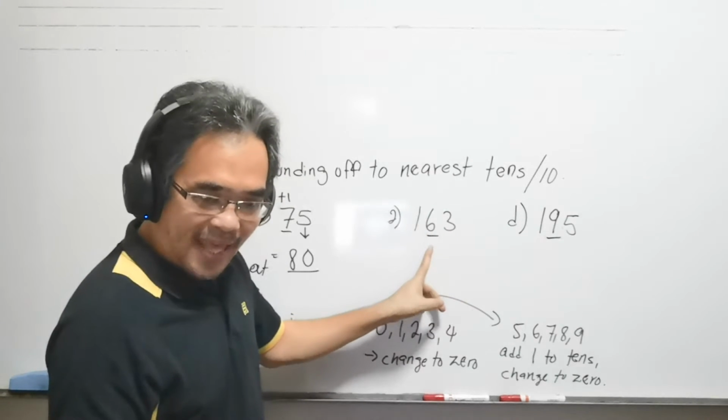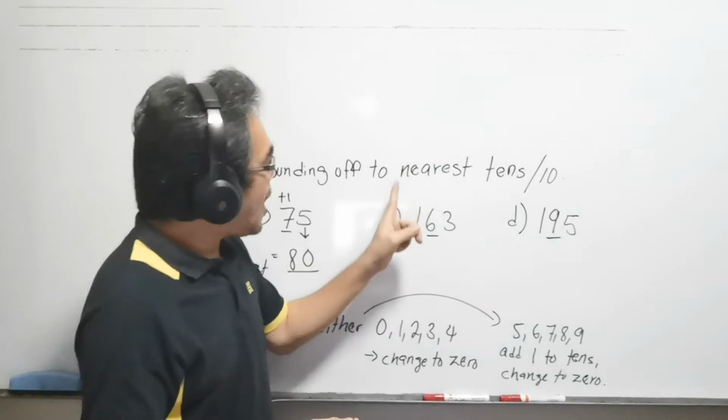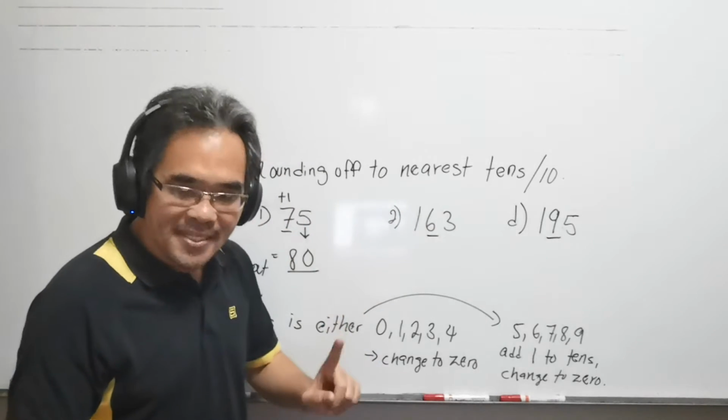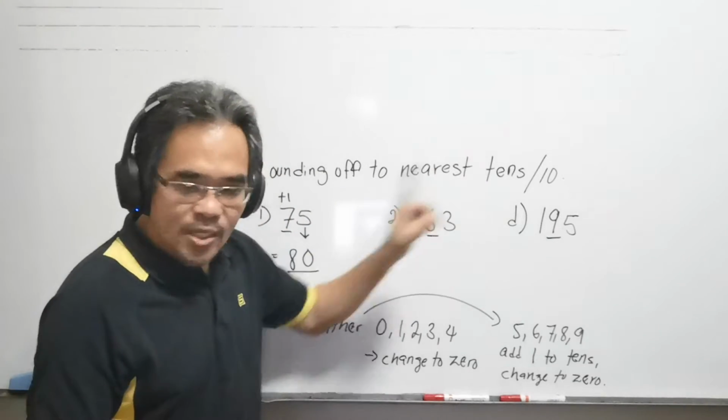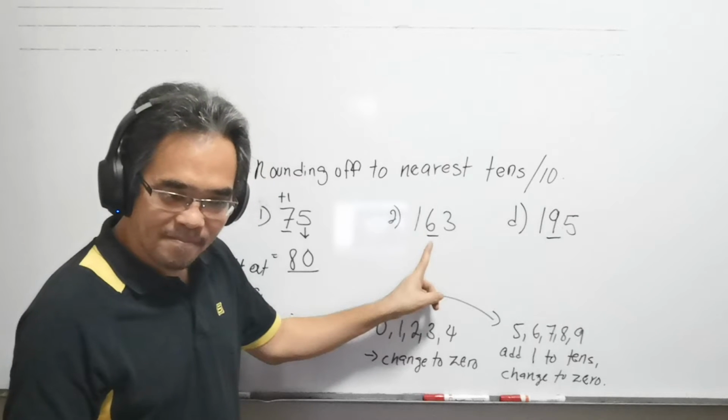Ones, tens, hundreds. So what you have to do is underline the number that represents tens. Which number represents tens? 6.